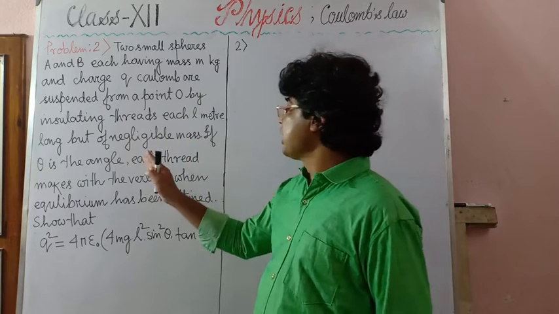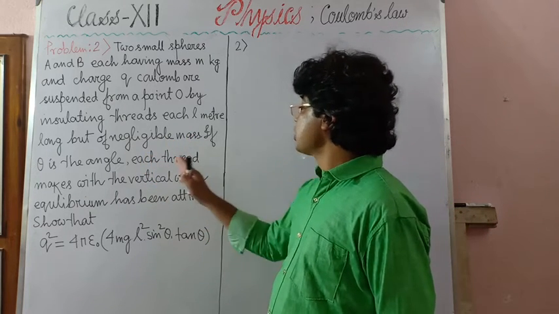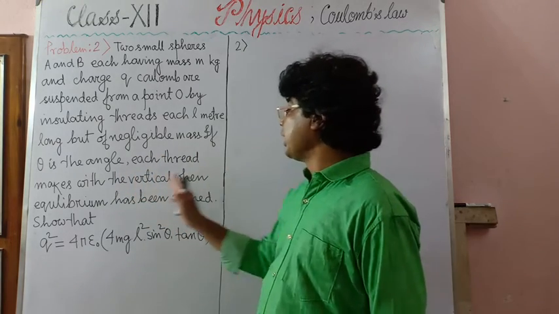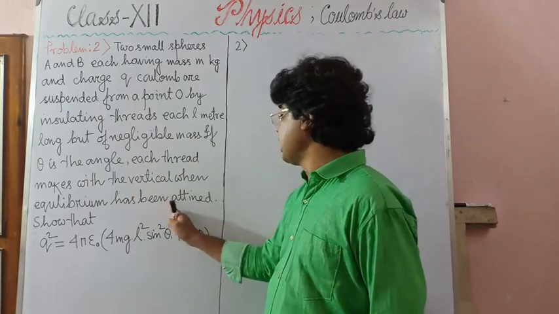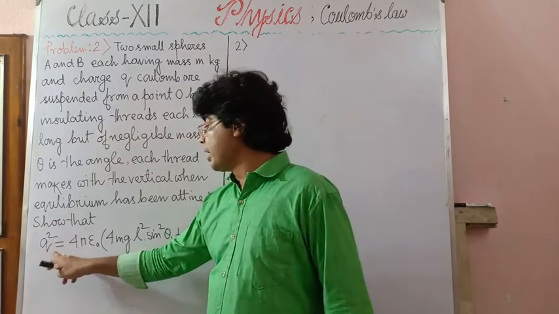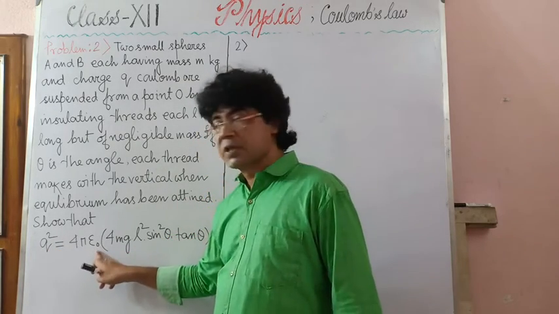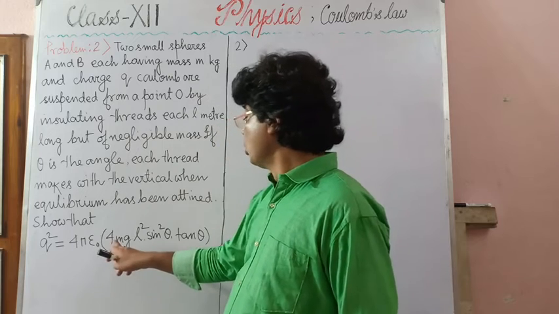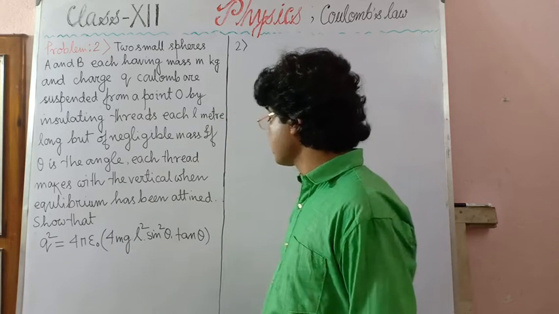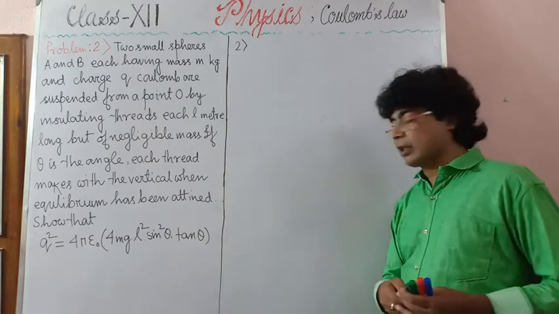If theta is the angle each thread makes with the vertical when equilibrium has been attained, show that q square equals 4 pi epsilon 0 into 4 mg L square into sine square theta into tan theta.